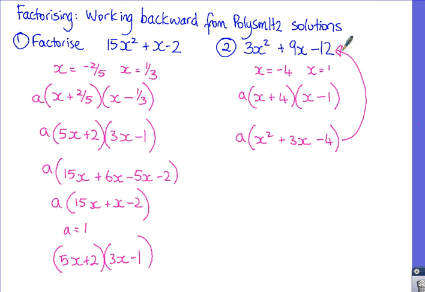Instead, I can tell by the coefficient of my x squared term that a is going to equal 3. So my answer is 3 times, and remember we're looking for factors, so it's x plus 4 times x minus 1. And that is the solution for factorising the second question.